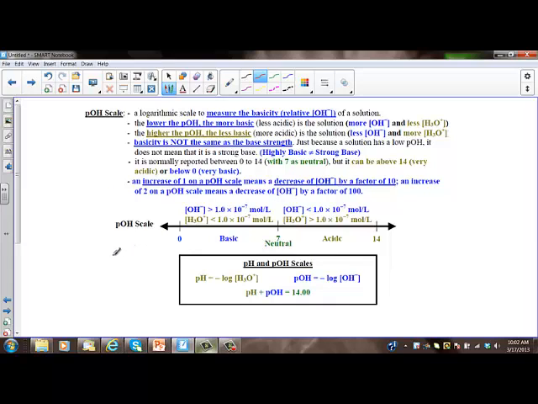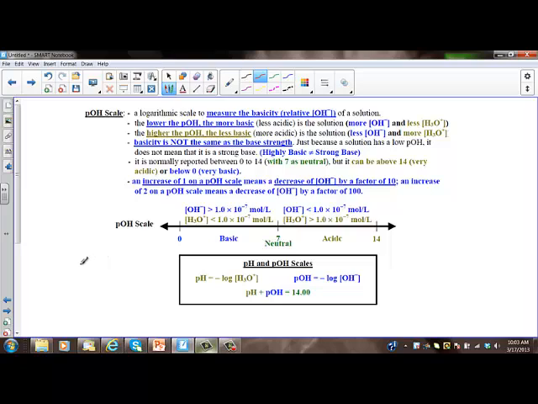On the pOH scale, the logarithmic scale to measure the relative OH concentration in a solution, the lower the pOH, the more basic it is, meaning it has more OH, less hydronium. The higher the pOH, the less basic, meaning more acidic, which means that the H3O hydronium concentration exceeds the OH minus concentration.